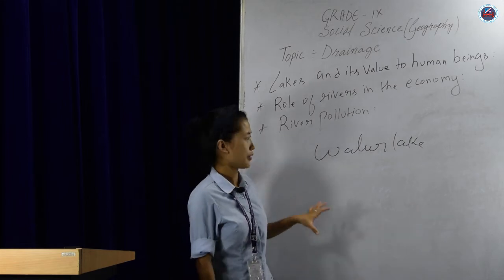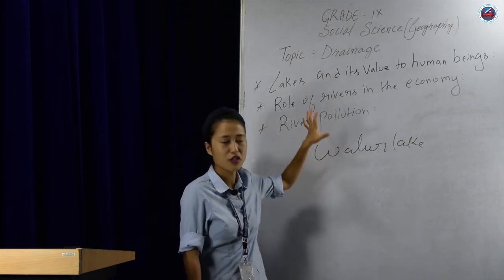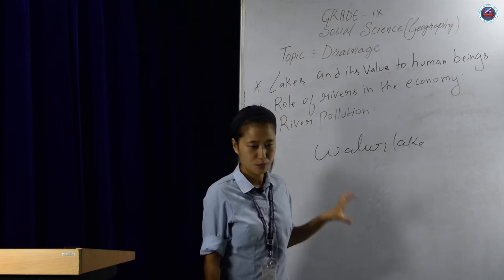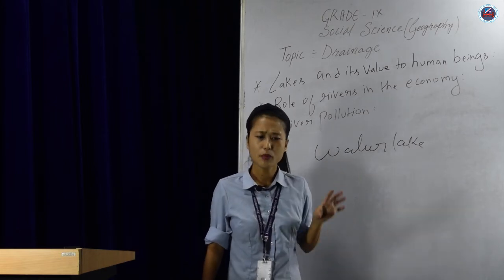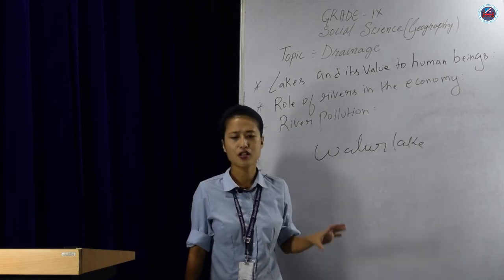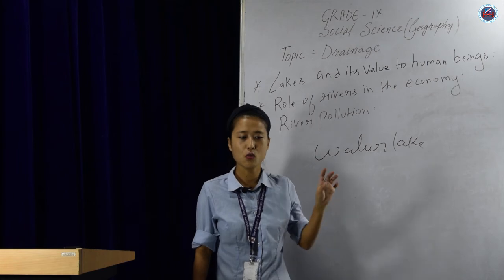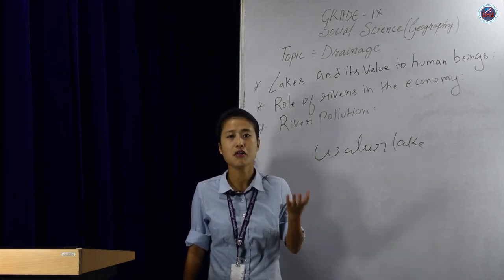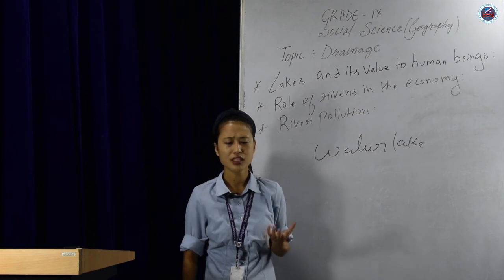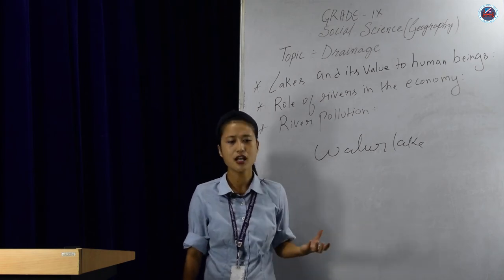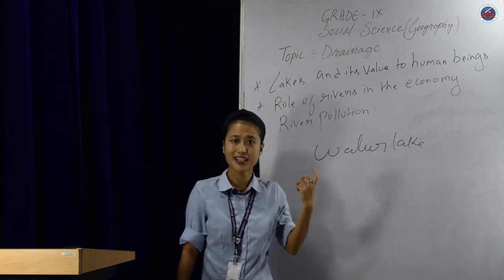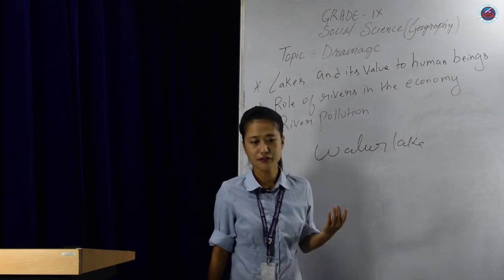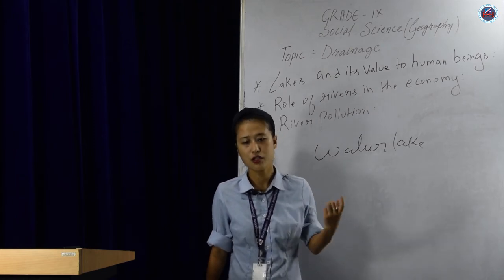Now the last topic is river pollution, which we all know, and who is responsible for this pollution. The growing domestic, municipal, industrial and agricultural demand for water from rivers naturally affects the quality of water.